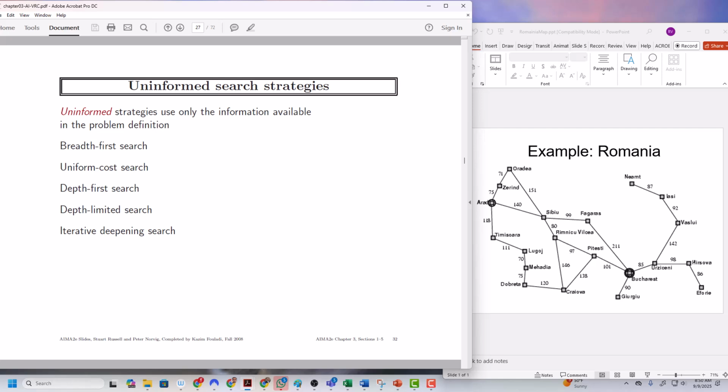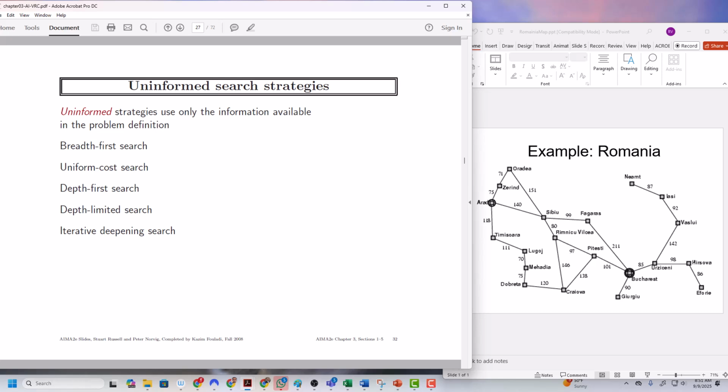The main difference between search strategies is the order in which they expand the nodes. If a strategy has some idea of which states are better or more promising, we call it an informed search or heuristic search. That means the algorithm knows it should choose this state to expand instead of that state.